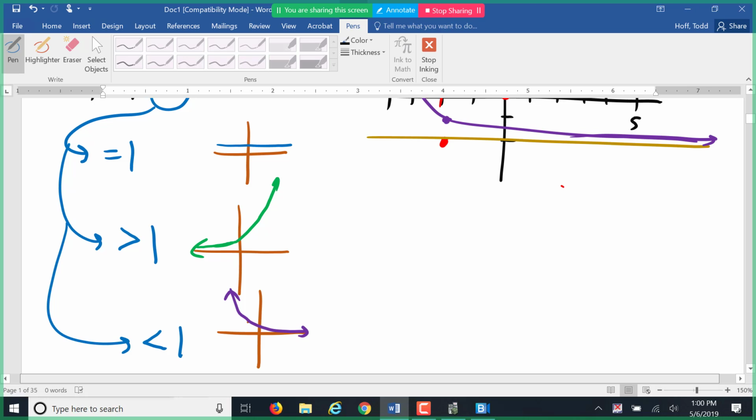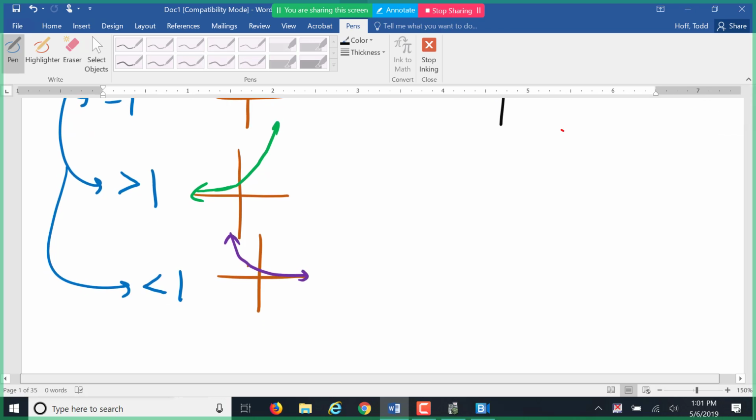Now for this class, if I ever asked you to graph one, you're more than welcome to plot points. You don't necessarily have to do the shift of the origin. I just wanted to show you that it does work the same. These exponential functions have a lot of applications, and we're going to get to those applications in just a minute.